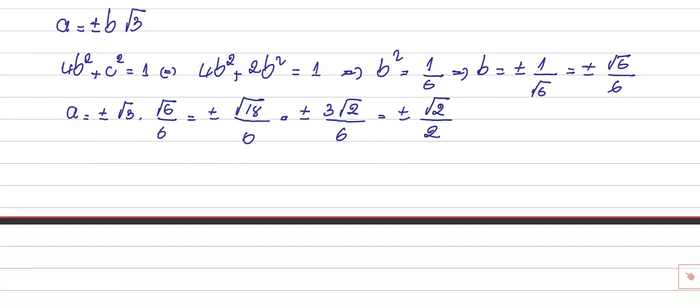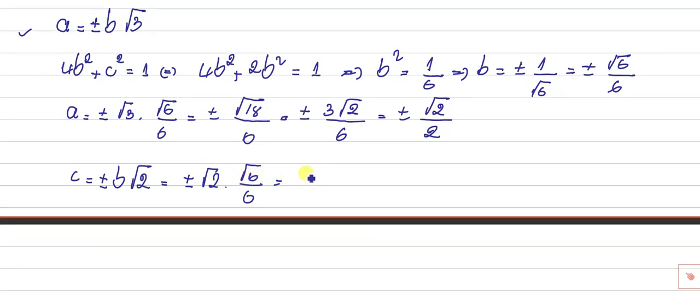And about B, C. C is equal to B or plus B square root of 2. So this one is 2, this one is 6 over 6.